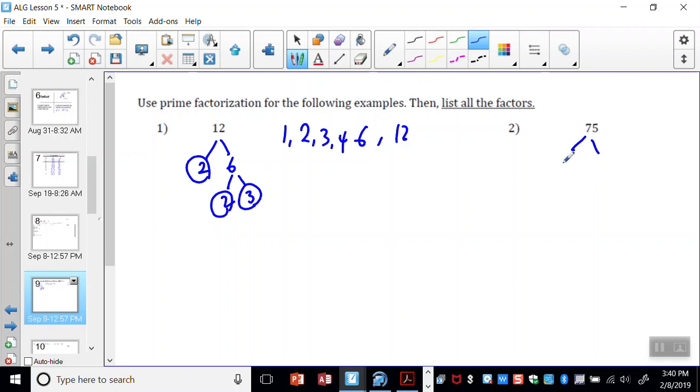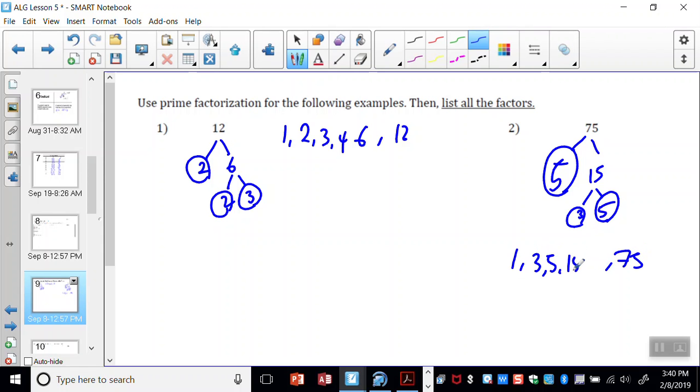Then 75: 5 times 15, 3 times 5, so 5 times 3 times 5. These are primes, and the factors are 1, 75, and then 3, 5, 15, 25.